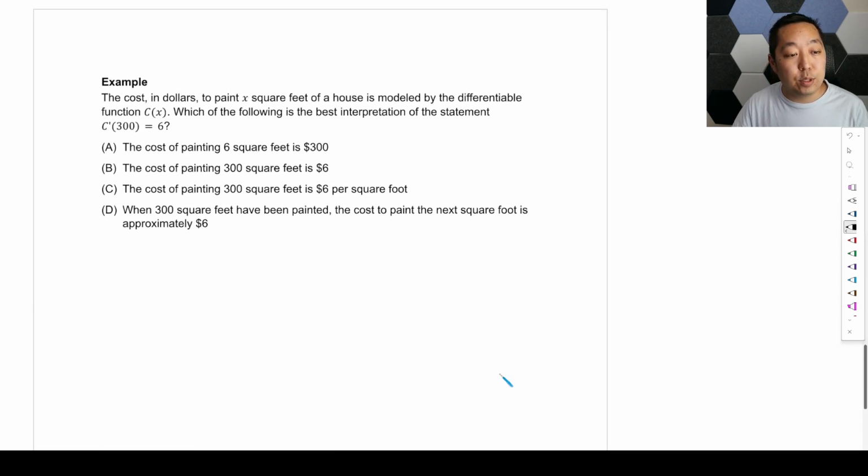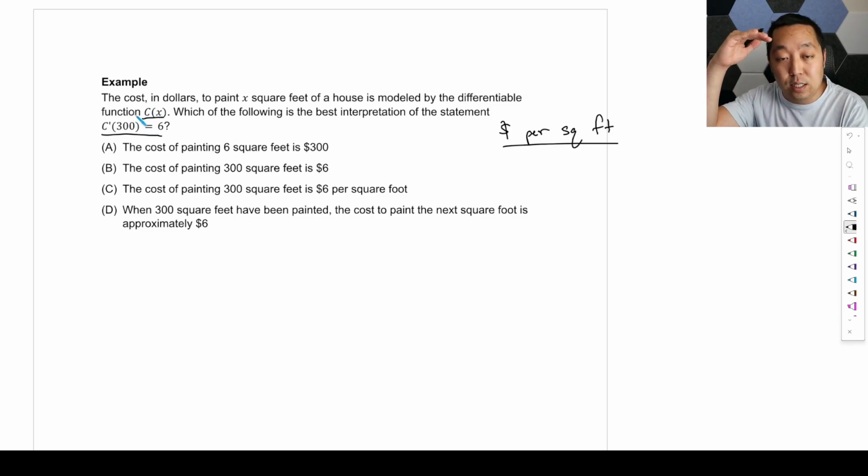Interpreting, that's what that means. Okay, let's look at a multiple choice question here. The cost in dollars to paint x square feet of house is modeled by the differentiable function c of x. Which of the following is the best interpretation of c prime? Okay, so c is cost. X is the square feet. So it would be dollars per square feet. Okay, that's the units because the y variable is going to be the dollars, right?